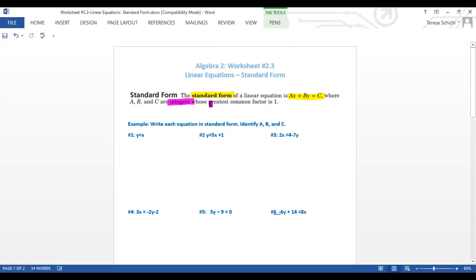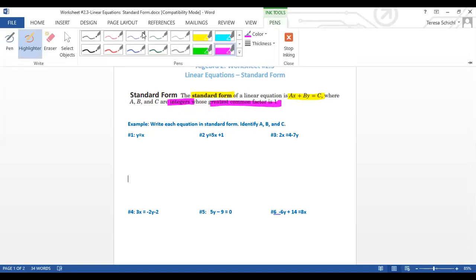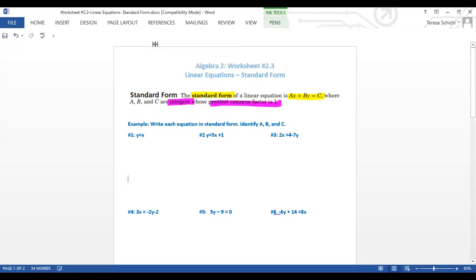The second important thing is that the greatest common factor is 1. That means you will not be able to factor out some common factor. For example, if I have 2x plus 4y equal to 6, this is not a standard form. Why? Because I can factor the 2 out.